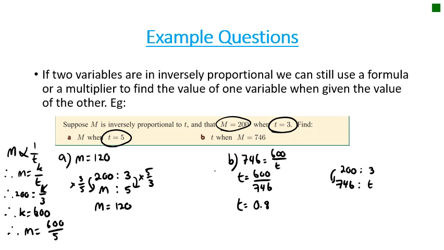So whatever we times 200 by to get to 746, so let's times it by 746 over 200. Then we have to divide 3 by 746 over 200, and if you did 3 divided by bracket 746 over 200 that would give you an answer for t of 0.8. So exactly the same thing.